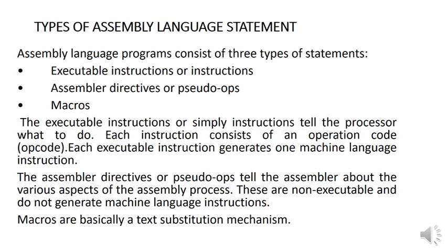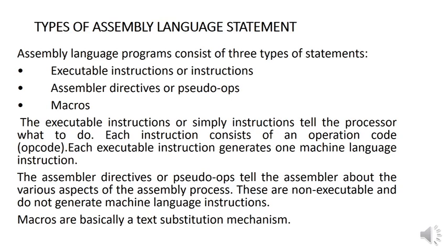The executable instructions, or simply instructions, tell the processor what to do. Each instruction consists of an operation code, or opcode. You can write it like that. Each executable instruction generates one machine language instruction.